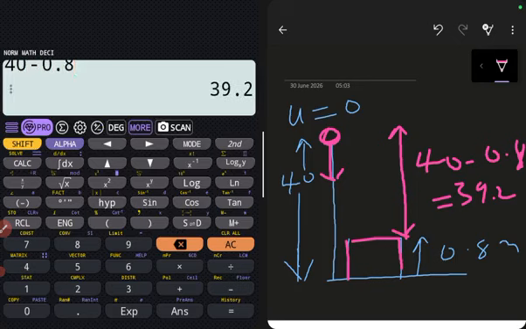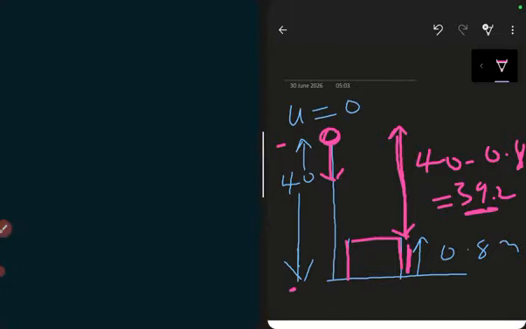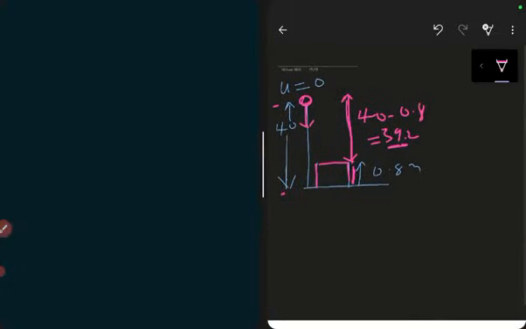You can see it gives 39.2, because from the top to the bottom is 40. But unfortunately, the body is not falling through that 40. It is falling on top of a platform. So that means you subtract 0.8 because it did not fall through the distance of 0.8, which will be 39.2. So the actual distance covered by the body is 39.2.